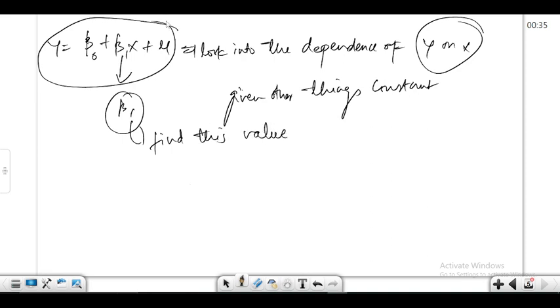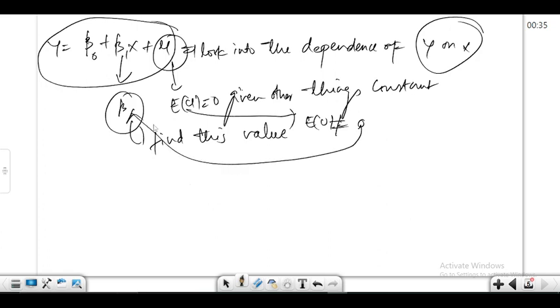So if we assume the expected value of u equal to 0, or if suppose this value is not equal to 0, will this affect my finding of beta 1? So let us check this thing.